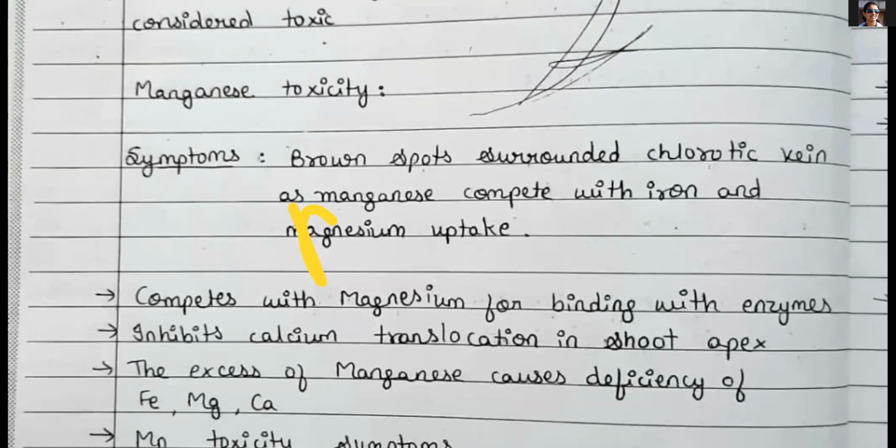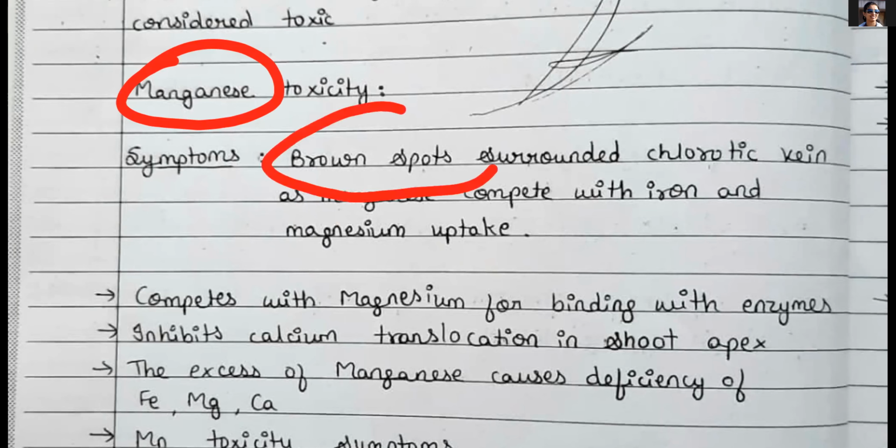One example given here is manganese toxicity. Manganese is a kind of microelement. When manganese toxicity is there, the symptom is brown spots.